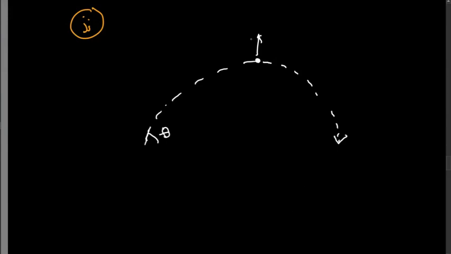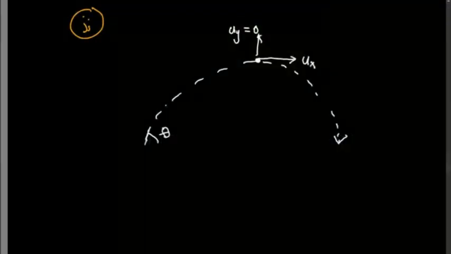At this maximum height, it is no longer going up. That means the vertical component is equal to 0. But the horizontal component, so we only have ux. That is the horizontal component of velocity at maximum height.